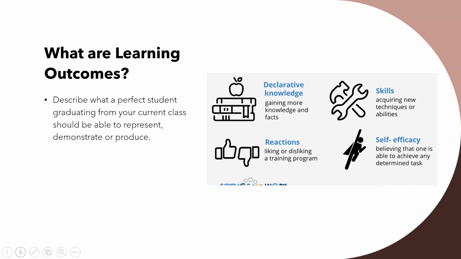I want you to think and reflect what a perfect student graduating from your current class should be able to represent, demonstrate, or produce. This is third term, and a lot of them will be leaving your class at the end of this term. What is that one thing you would like them to become or be able to demonstrate or produce by the end of that class?